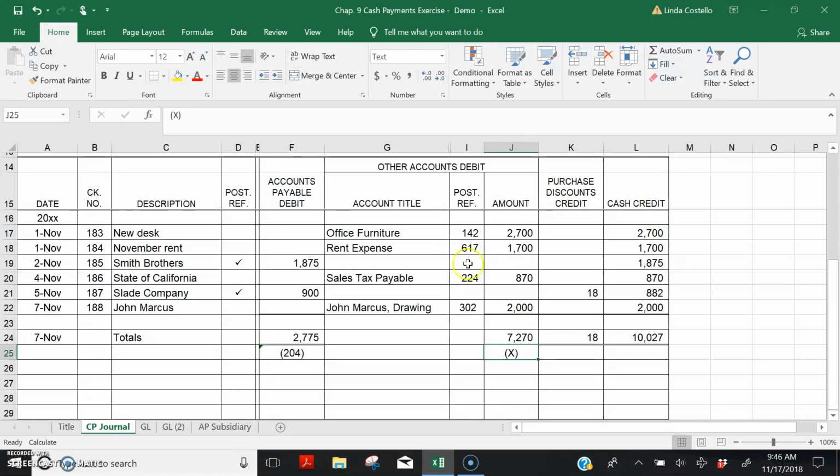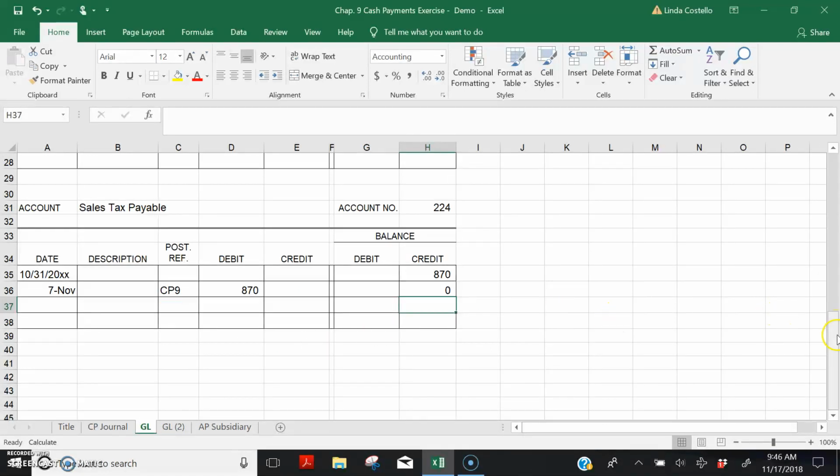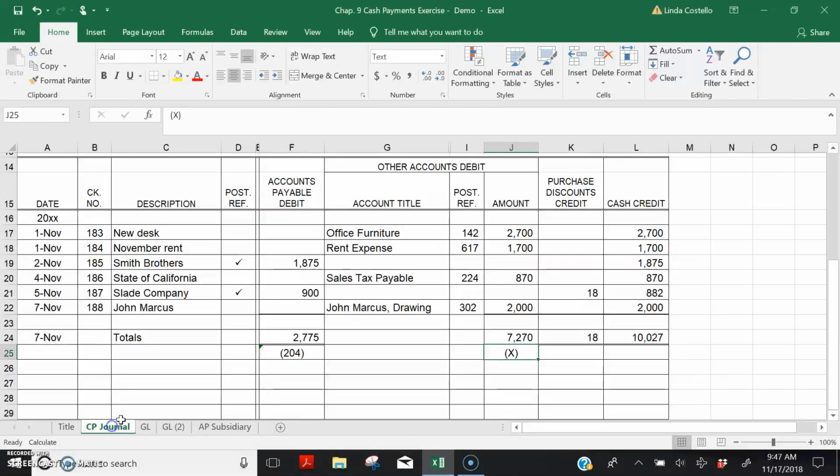Sales tax payable, account number 224, date November 7th, posting reference CP 9, $870 debit, leaves a zero balance on the account, and 224 posting reference by sales tax payable.